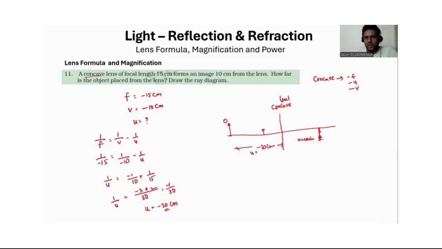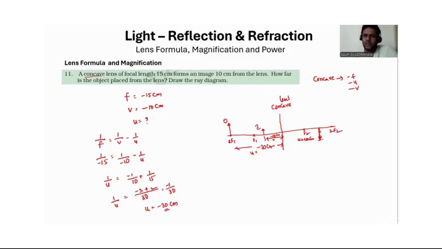That is minus 10 centimeters, that is V. So the image is also forming on the same side, and the focal length, somewhere here you can say focus, that is at 15. So you can say this is F1. If F1 is 15, then this is at 2F1, and then we can say this is F2 and this is 2F2.